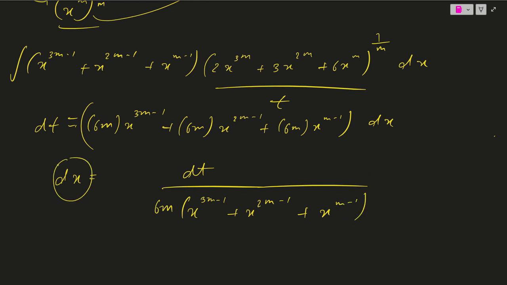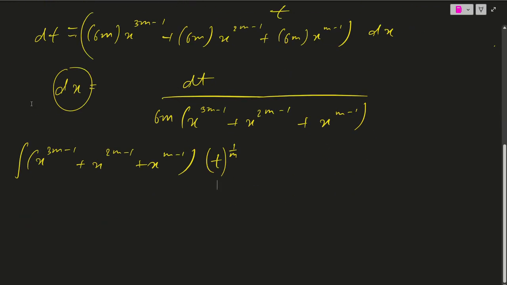Then we'll put this value of dx here. After doing that, x^(3m minus 1) plus x^(2m minus 1) plus x^(m minus 1), this is t, so we'll write t raised to power 1 by m.